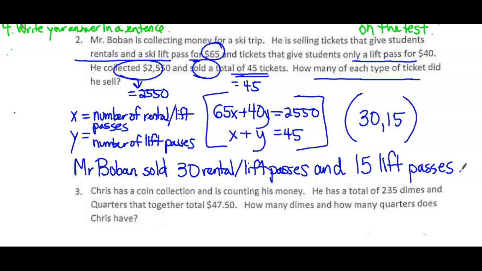So just to recap, you're looking for totals because these are in standard form. You have to define your variables, you write your system, you use your calculator to solve, and you write your answer in a sentence.